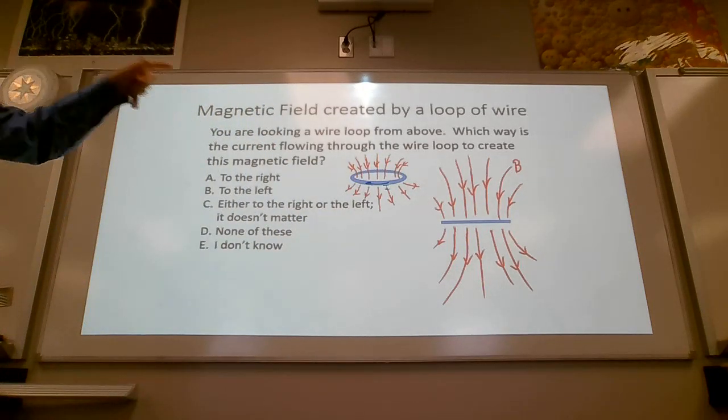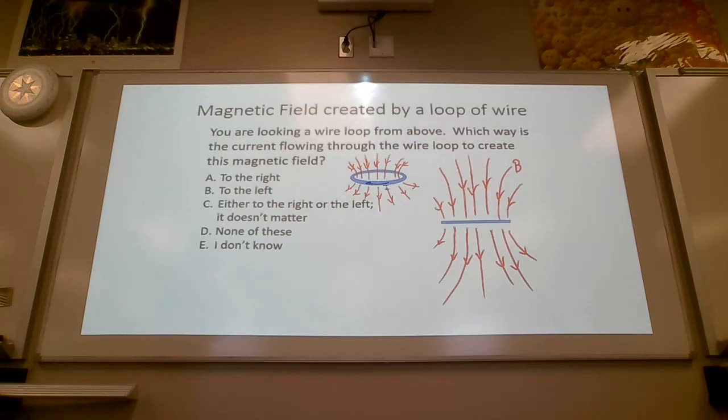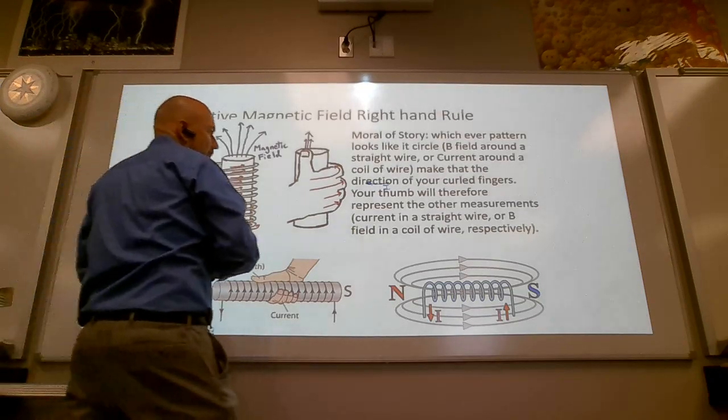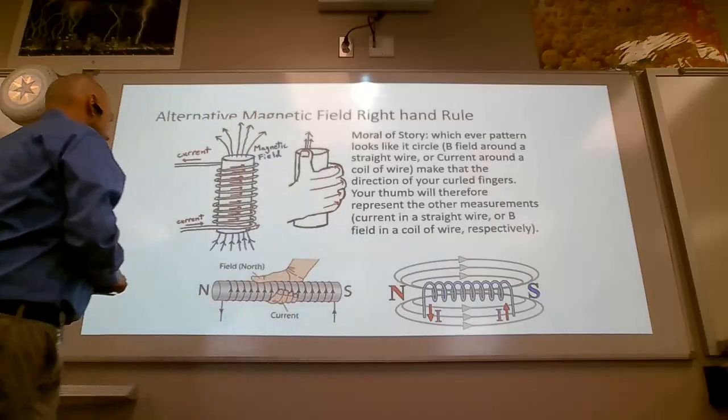That comes in really helpful when we talk about Lenz's law later. Alternative right hand rule. Okay, so there's that.